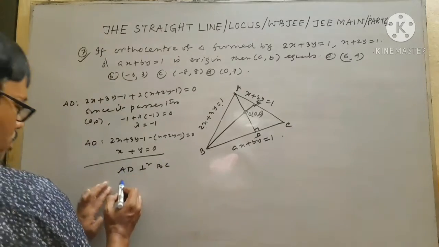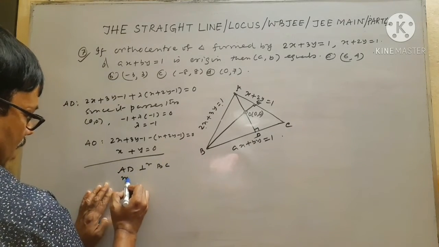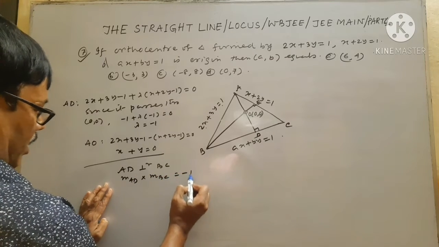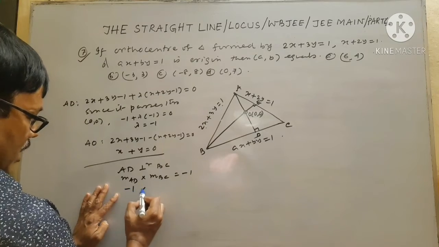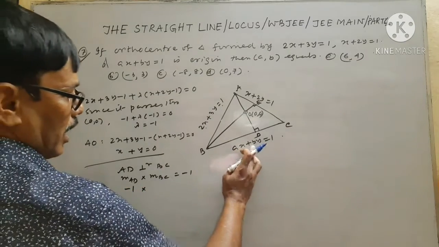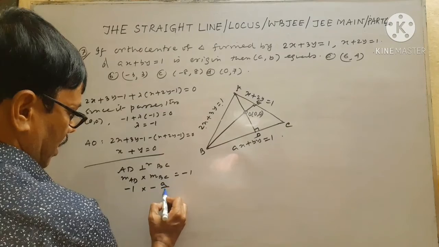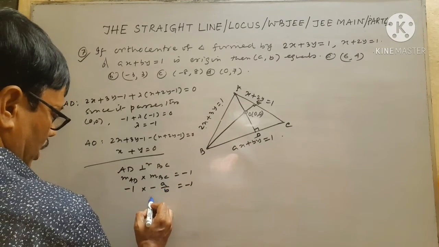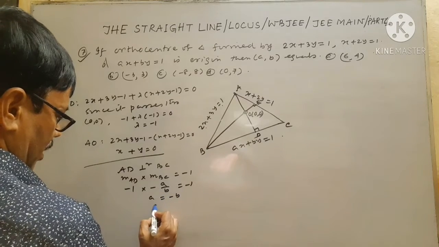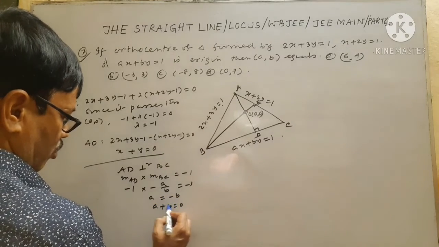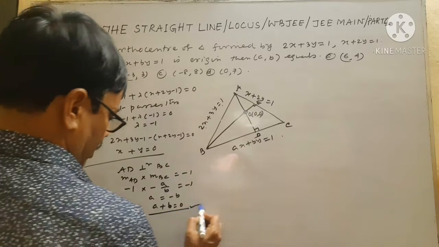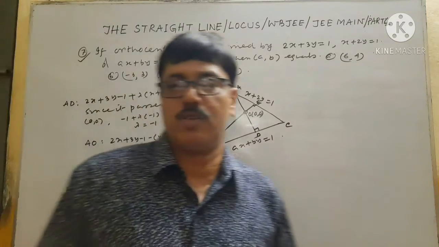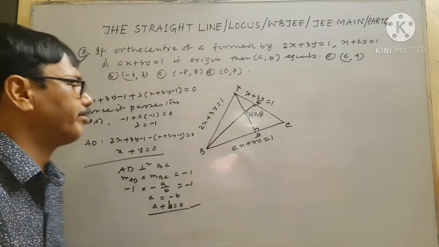So slope of AD times slope of BC equals -1. The slope of AD is -1, and the slope of BC is -a/b, so a = -b, which means a + b = 0. We have two unknowns, a and b, and we are getting one equation.